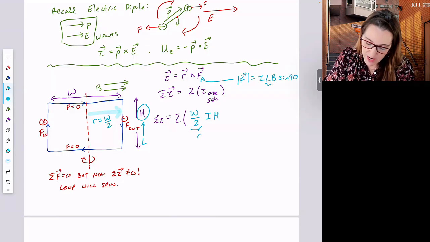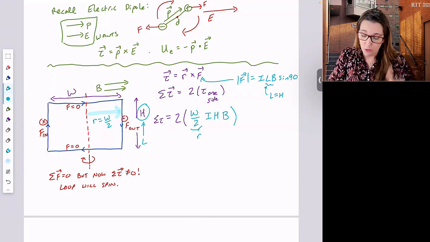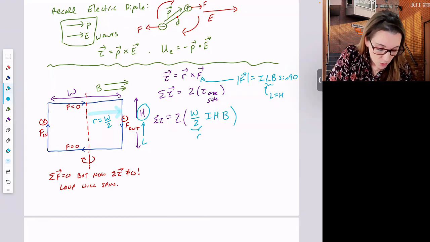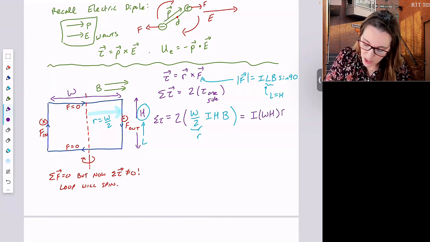So I'm going to call that H. And then B. And here the sine of 90 is just 1. So if I write out this whole torque, I see the 2's cancel, and I just end up with I times W H times B.